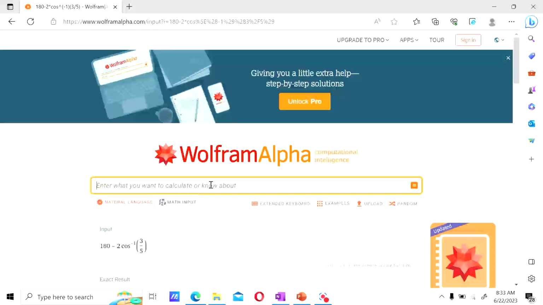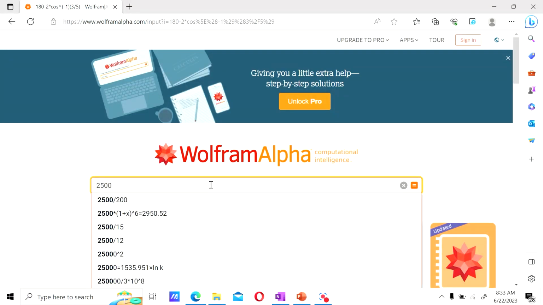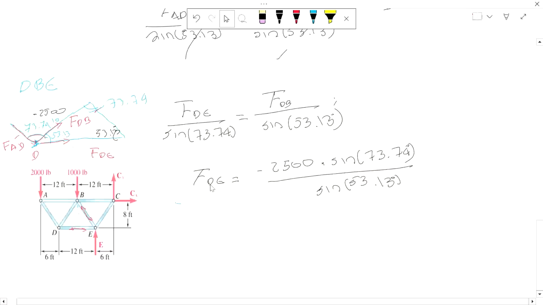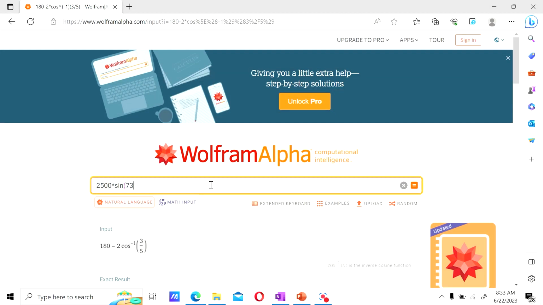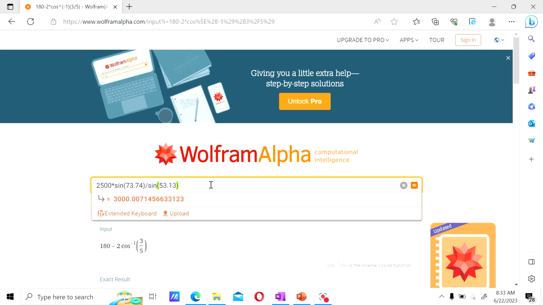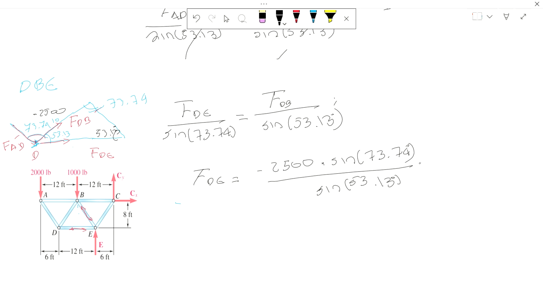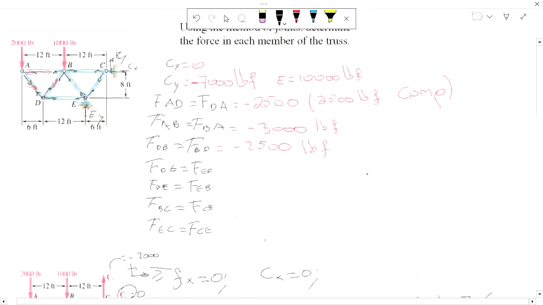So 2500 times sine of 73.74 divided by sine of 53.13 is 3000 F D to E. Okay, so this is 3000 pound force and is negative, so it's in compression as well.